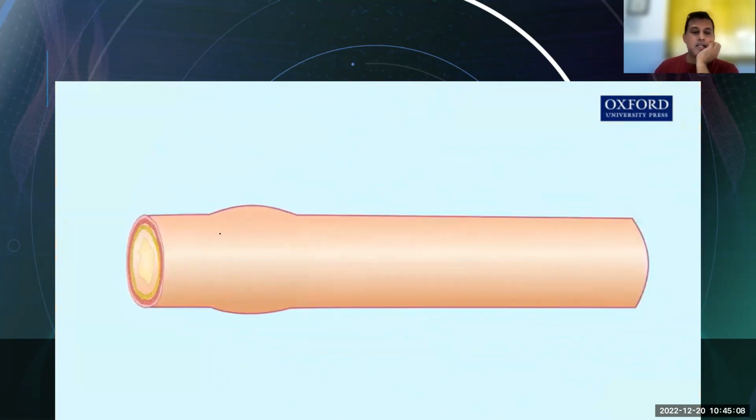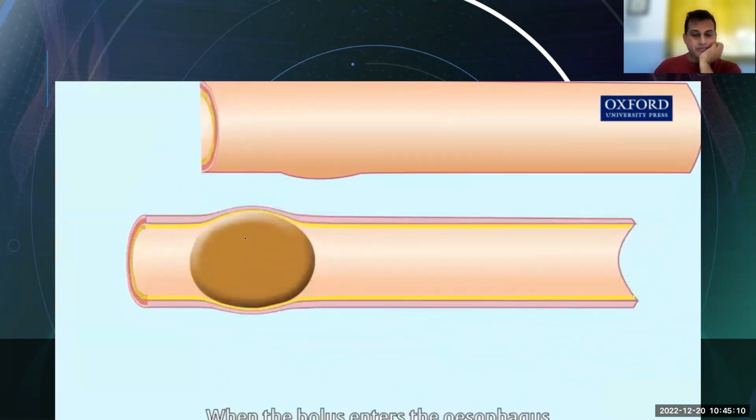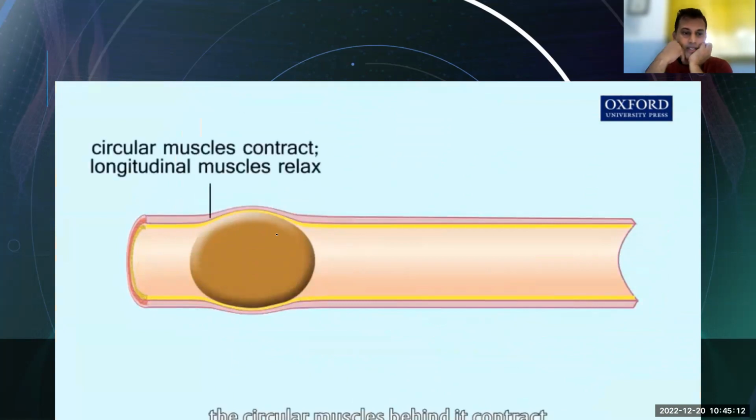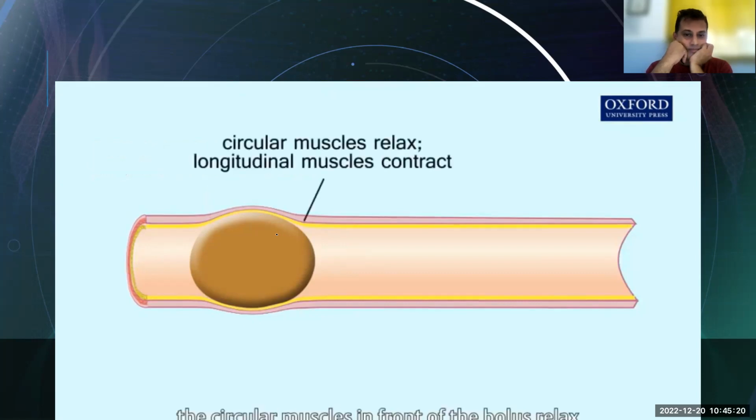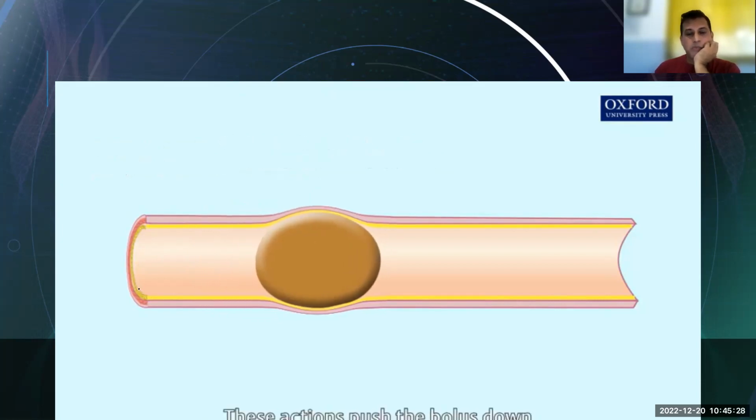So circular muscles and longitudinal muscles are arranged so that one contracts, one relaxes. And now when it presses here, the food is moving forward.